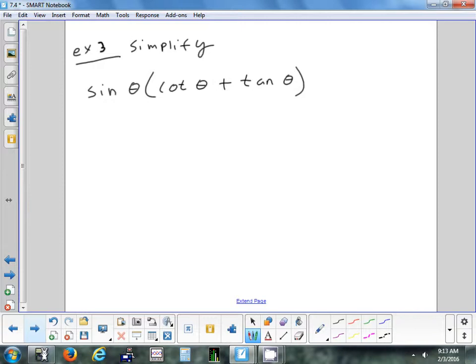Right, so it says sine of theta, and then in parentheses, cotangent plus tangent. Okay, what do you think I could do first here? Change cotangent and tangent to sines and cosines.